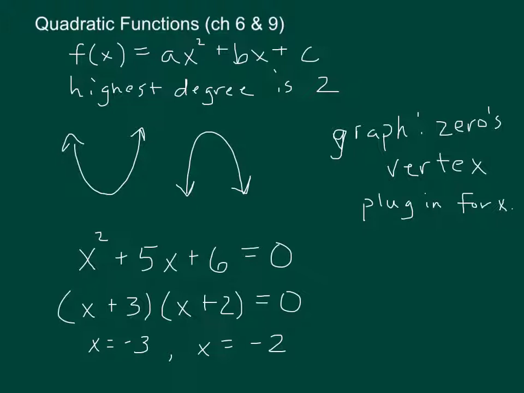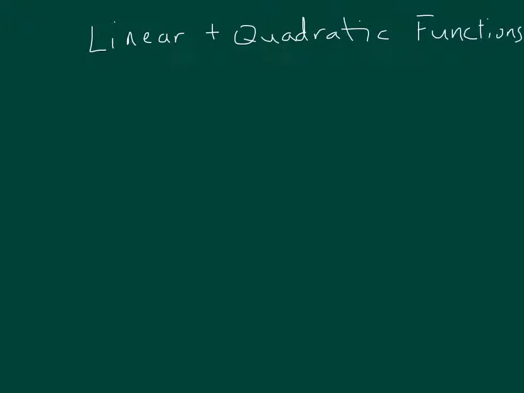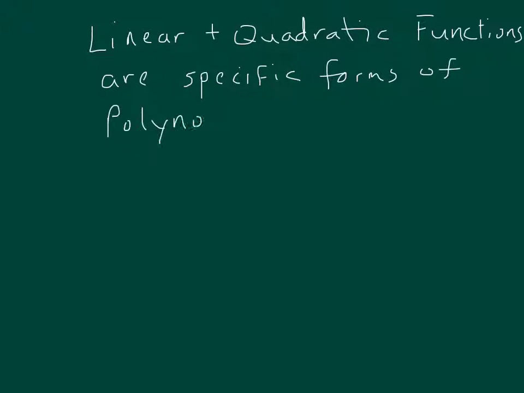All right, moving on. Another good point to make is that linear and quadratic functions are specific forms of a bigger group called polynomial functions, which we did in chapter 5.